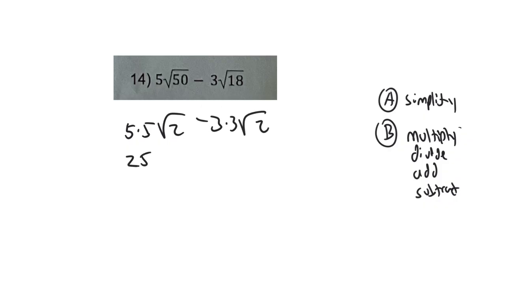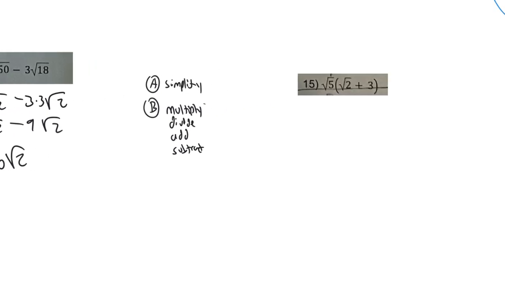Cleaning that up, that's 25 radical 2 minus 9 radical 2. For my student watching, feel free to pause it and try it yourself, but I'm pretty sure I'm right about that. So it's kind of like 25x minus 9x, so that will be 16x, aka 16 radical 2 in that case.